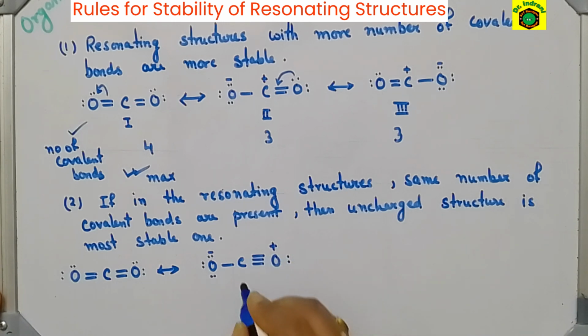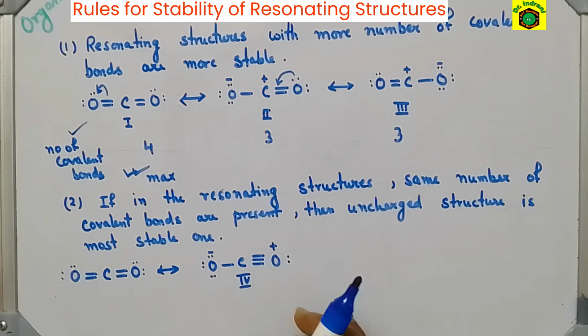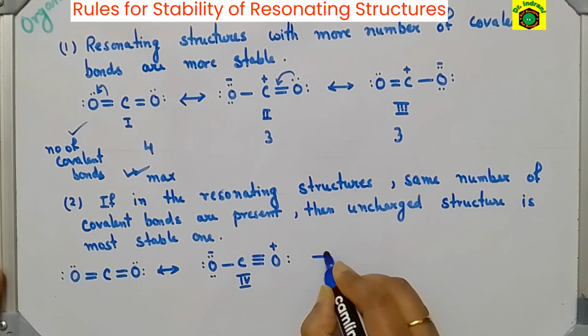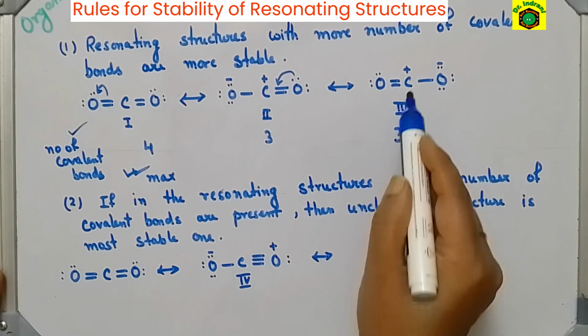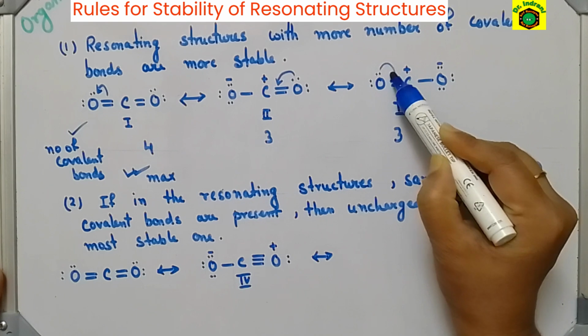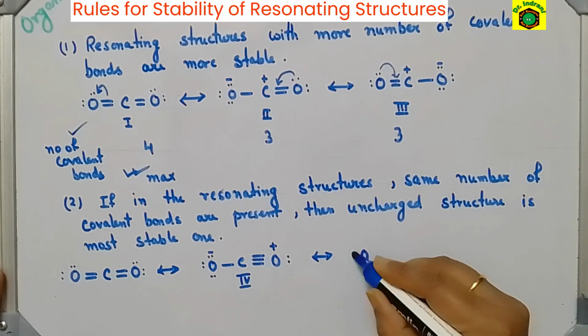Similarly, this is structure number 4. In continuation to this, we are writing this one, giving this number. Or similarly, from here it can also transfer electron density here. We can write this one.